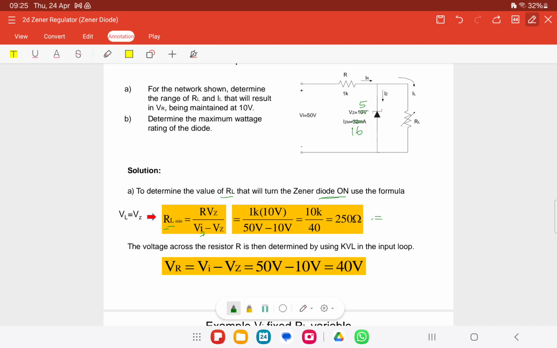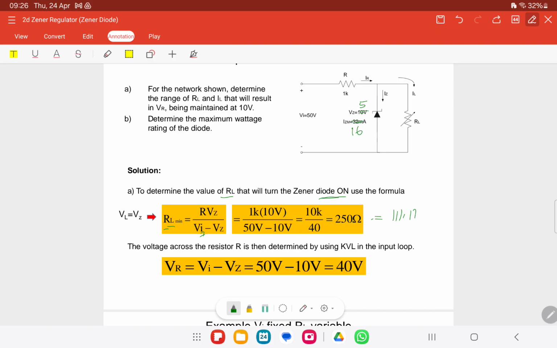Berapa? Aiman? Syed? 100? 111.11. Okay. So 111.11.